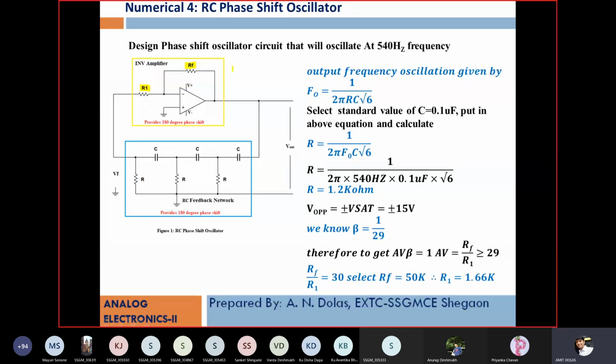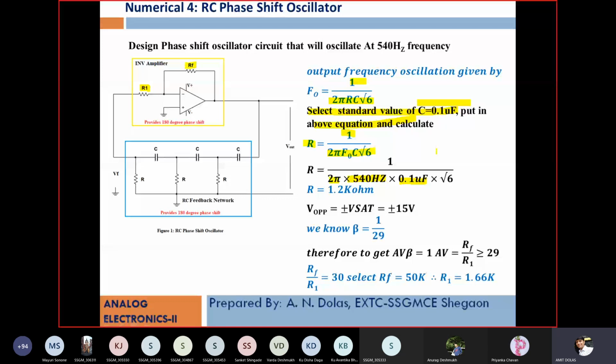required. So here using this formula and selecting a standard value of capacitor, say 0.1 microfarad, putting in the above equation, we get R is equal to 1 over 2 pi f0 C under root 6, putting all values: 2 pi, 540 hertz is the frequency at which we want oscillation, and 0.1 microfarad is the selected capacitor.